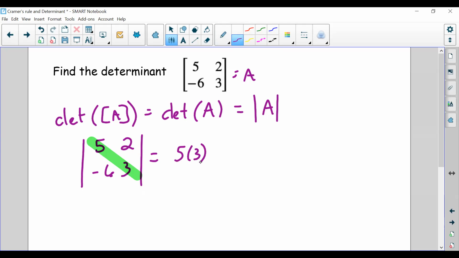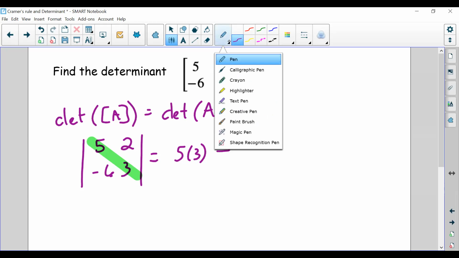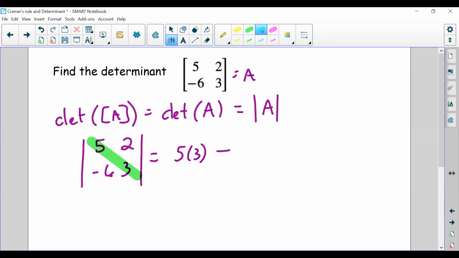That's diagonal down, minus diagonal up. Diagonal up is going to be negative 6 times 2. So it's the product of the numbers on the diagonal down minus the product of all of the numbers on the diagonal up.